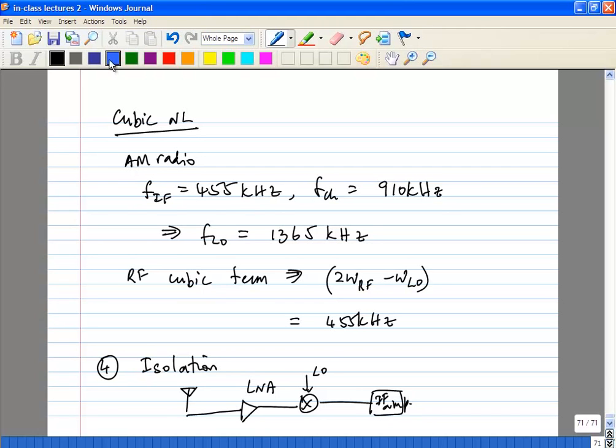Now consider what happens if some of your LO signal leaks through to your IF port. Remember that compared to your RF signal, your LO signal is usually much larger than your RF signal.